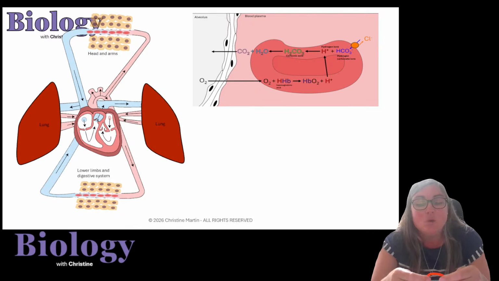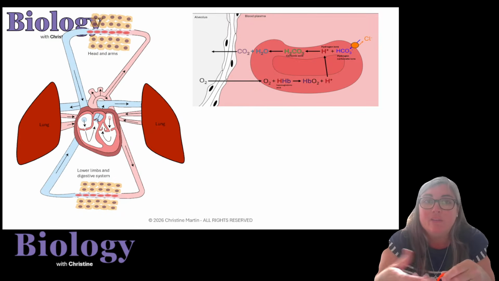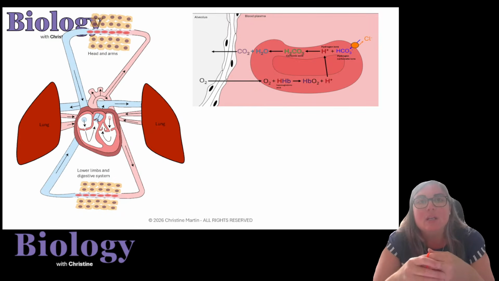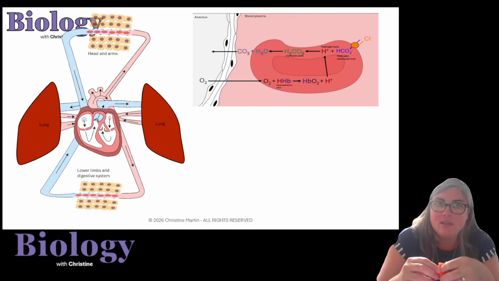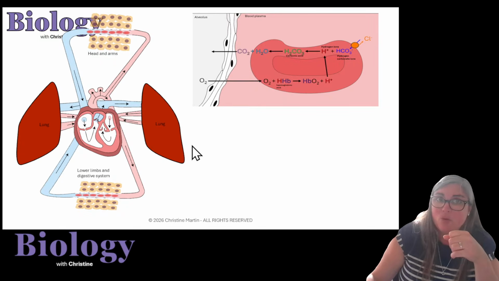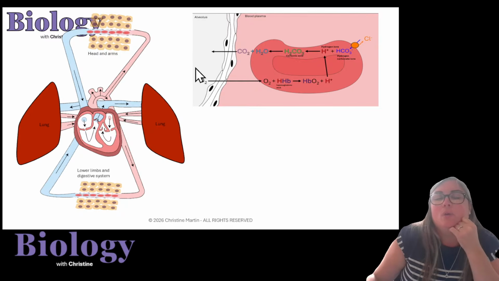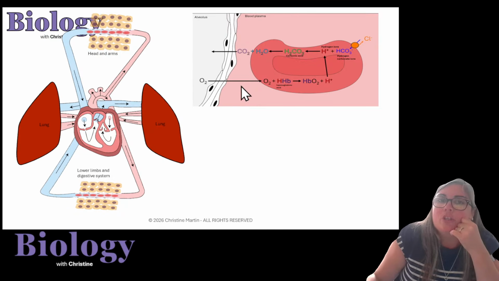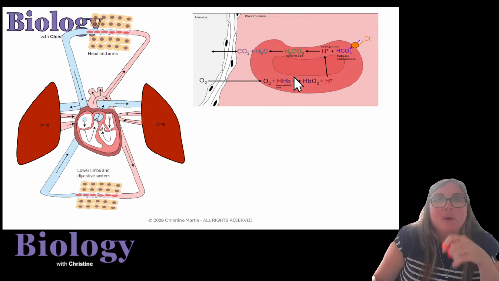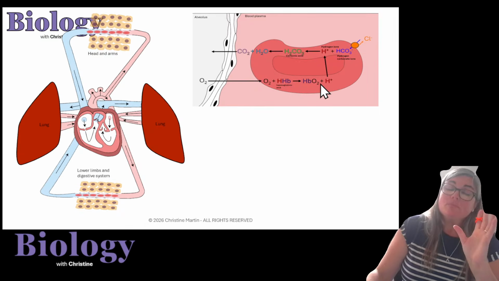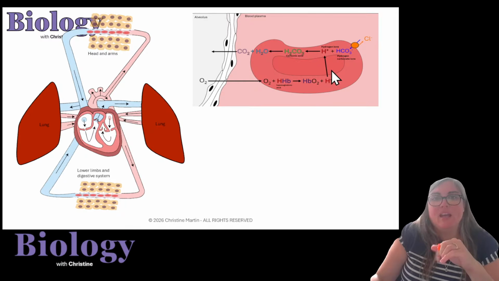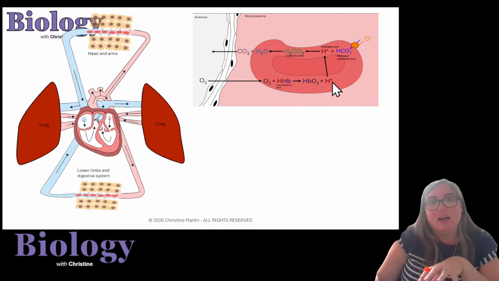We need a transport system that is going to deliver the oxygen and remove the carbon dioxide in the right efficient way. So we know at the alveoli what's going to happen is our oxygen will diffuse. Our oxygen will then be able to bind to our hemoglobin, and when it binds the hemoglobin, oxygen binding can then release the hydrogen ions.